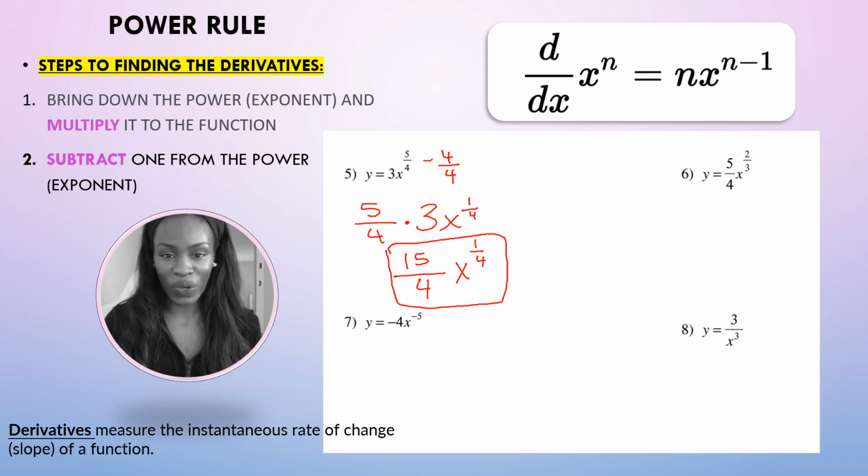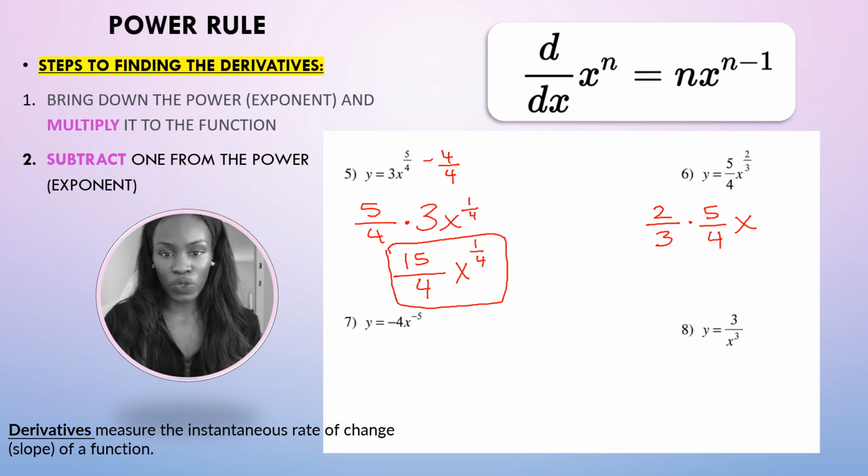All right, so we're going to go ahead and take that 2/3 and multiply it with our equation. And we're going to subtract 1 from 2/3.